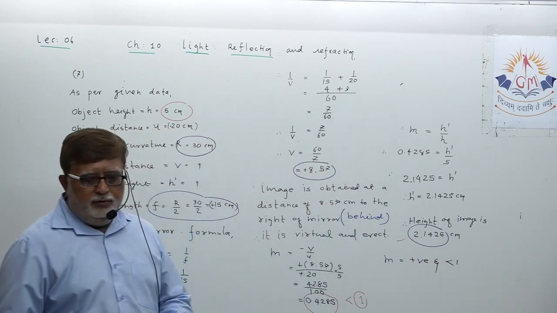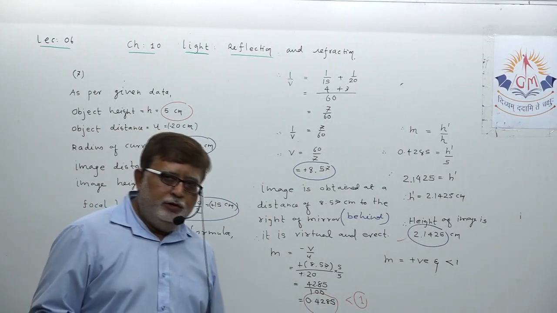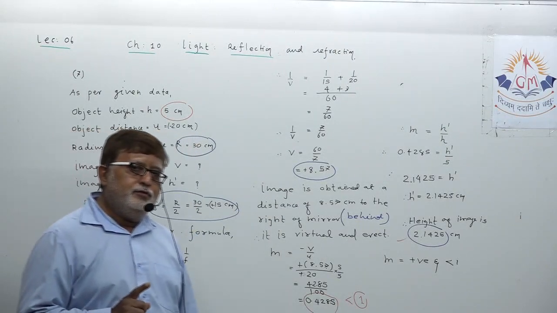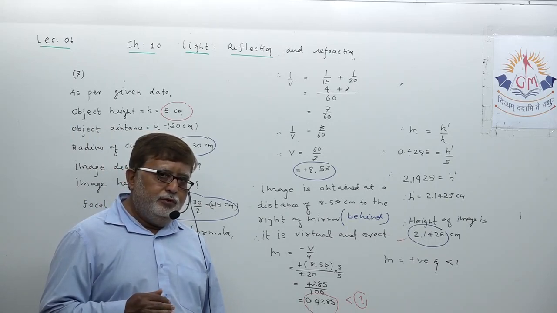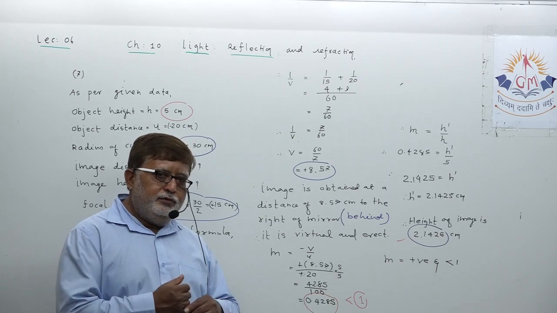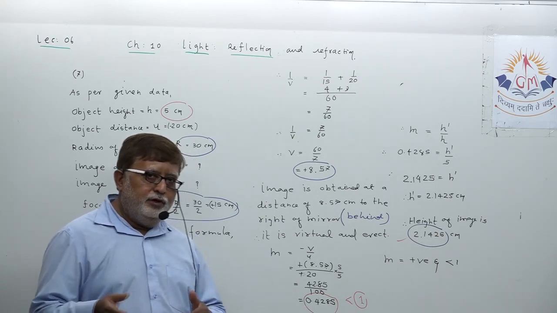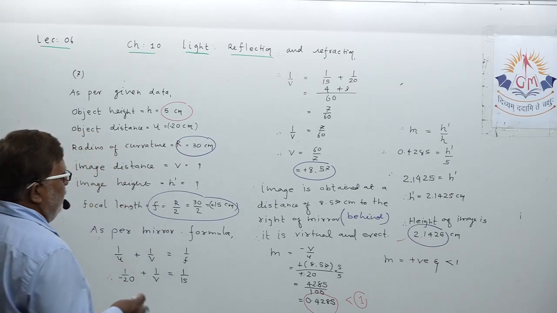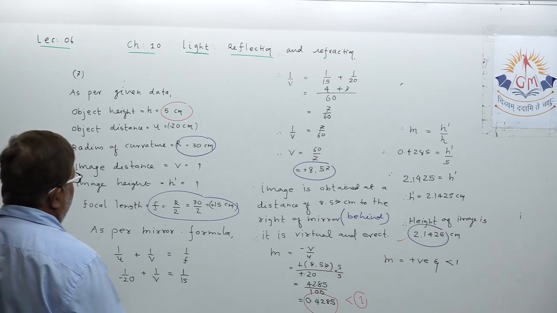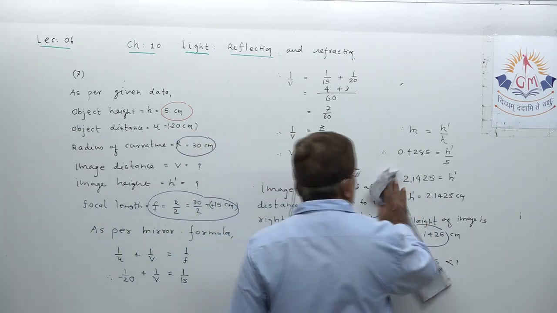Positive means image is virtual, erect, and less than 1 means always smaller, dear student. Understand? We will discuss how to guess the nature of image from the value of magnification in the later half of this lecture. Okay, so this is clear in your mind. Okay, next numerical let us take.